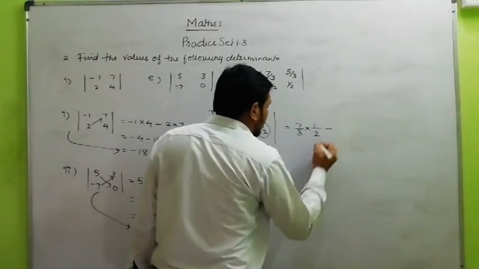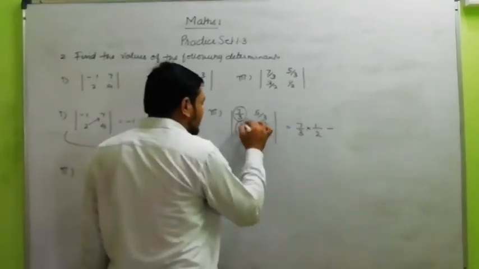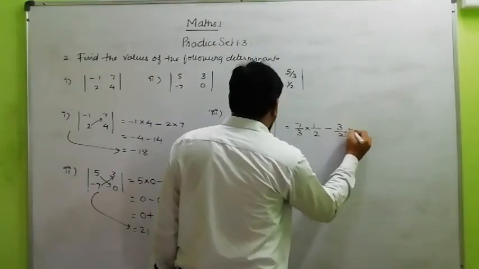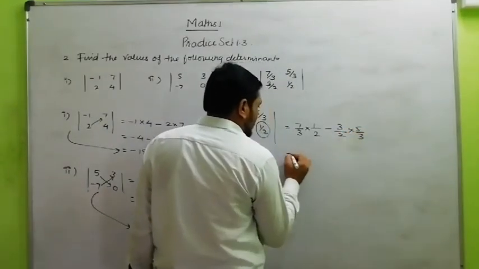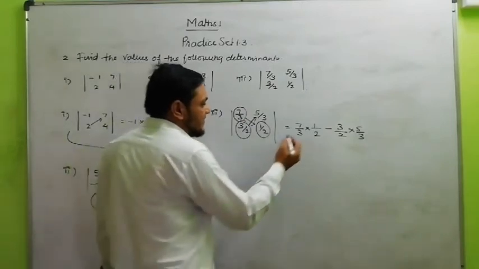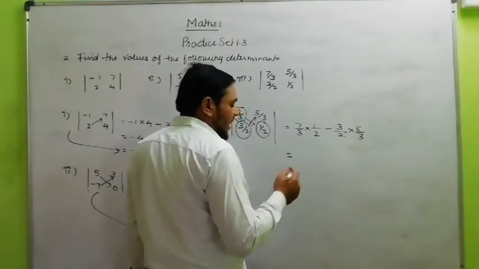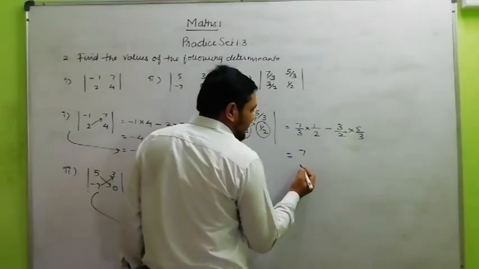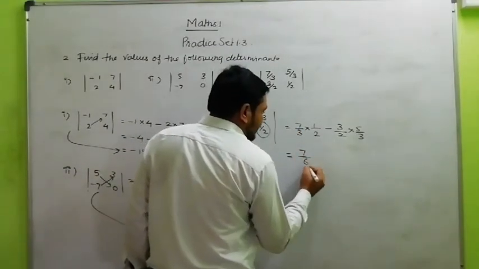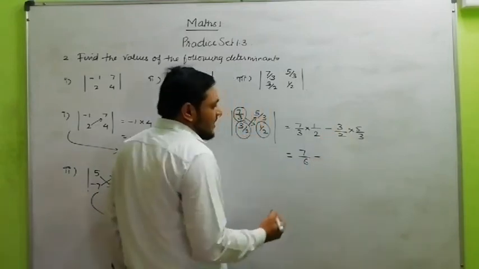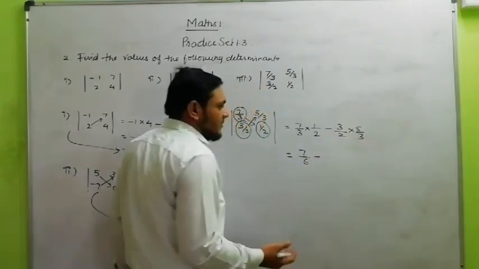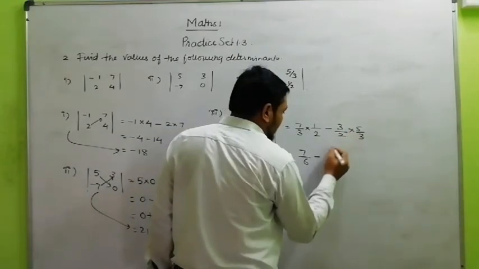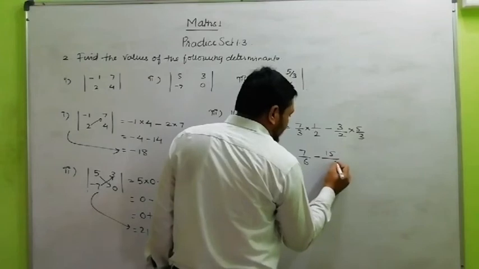Now the negative sign will be given here, and we multiply 3 upon 2 by 5 upon 3. Numerator is multiplied with numerator and denominator with denominator. So 7 1s are 7 upon 3 2s are 6, the negative sign stays as it is, and 3 multiplied by 5 is 15 upon 2 3s are 6.